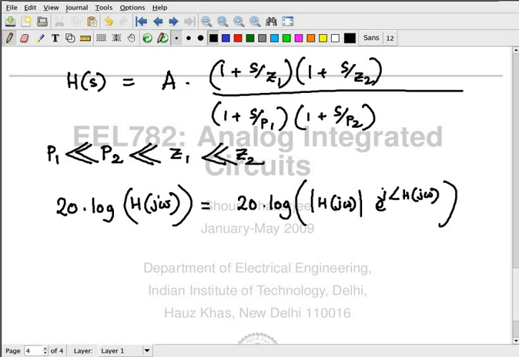So far so good. The logarithm of the product of two quantities is equal to the sum of the logs, the log of modulus H of j omega plus the log of e to the power of j angle.